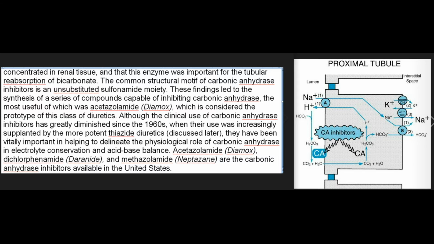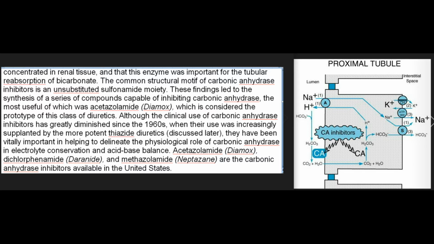The common structural motif of carbonic anhydrase inhibitors is an unsubstituted sulfonamide moiety. These findings led to the synthesis of a series of compounds capable of inhibiting carbonic anhydrase, the most useful of which was acetazolamide, Diamox, which is considered the prototype of this class of diuretics.